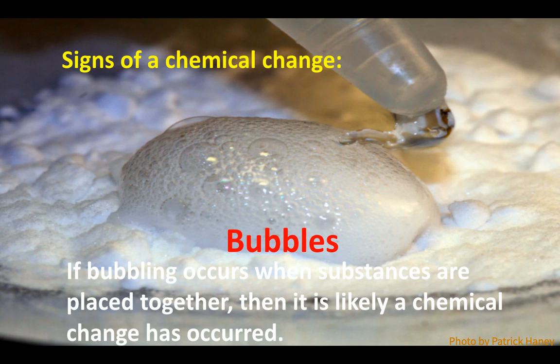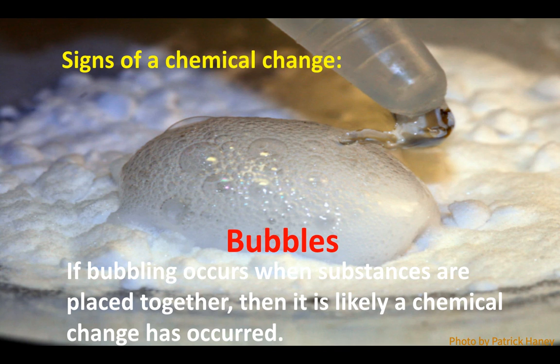That is a chemical reaction, an unexpected change in phase. The most common one is bubbles. Bubbles happen when substances are placed together and a gas is released. So if you pop a bubble, right, it seems like there's nothing in there, but you actually just released the gas that was formed during the chemical change. A lot of the times, and this is one thing that I didn't mention in class, gas creation is accompanied or followed by an odor or a smell.